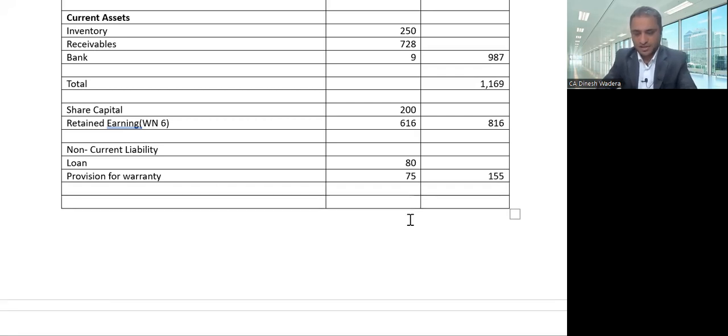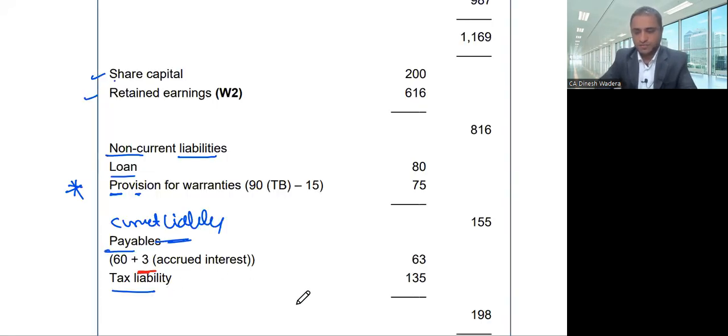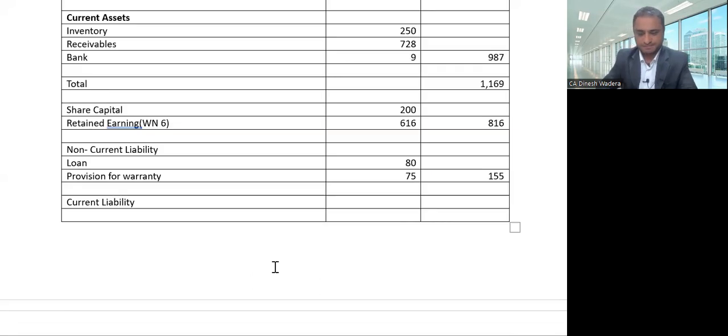And we have the current liability, which will include our payables. You can show a separate line item for interest accrued and of course tax liability.